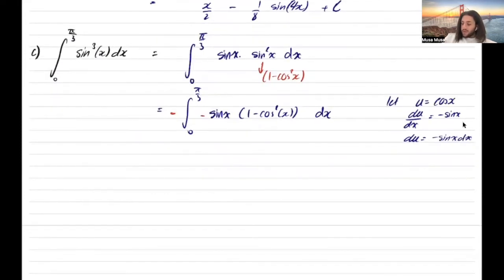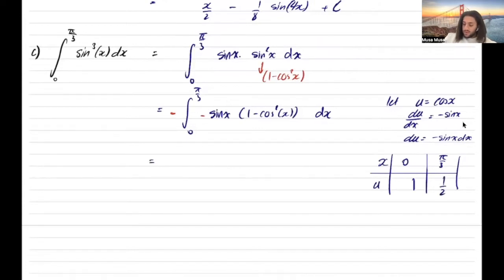Now, because I have bounds, I have to write them as u limits, x there and u there: 0 to pi on 3. Cosine of 0 is 1, and cosine of pi on 3 is a half.